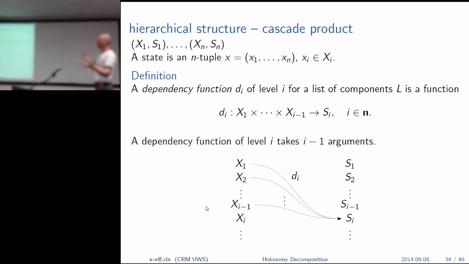So when we have m transformation semigroups, using this automata theory motivated notation that X1 is a state set, S1 is a set of transformations, a semigroup, and I have n of these, I can put them together in a hierarchical structure using these dependency functions, and that's just the most straightforward way with which you can encode one-way flow of control information.